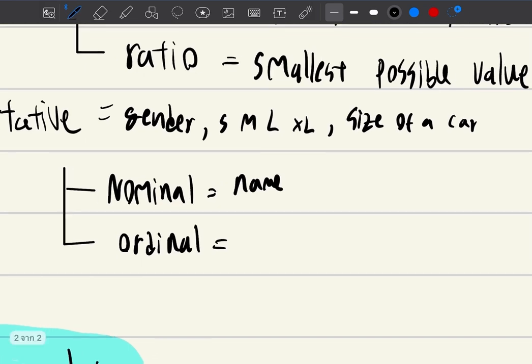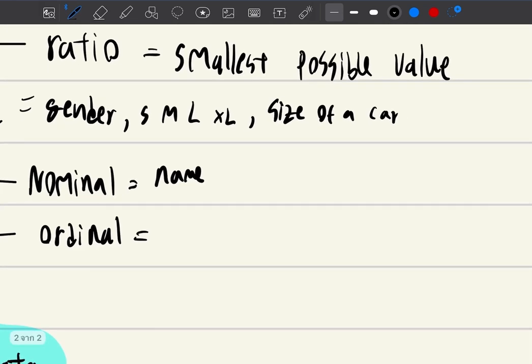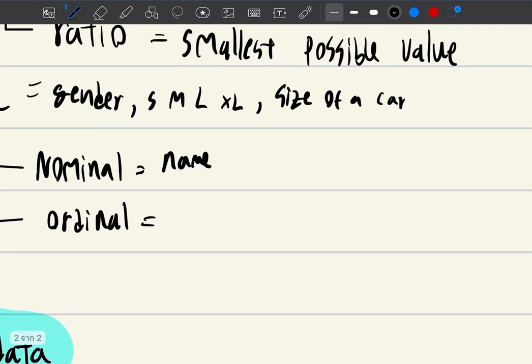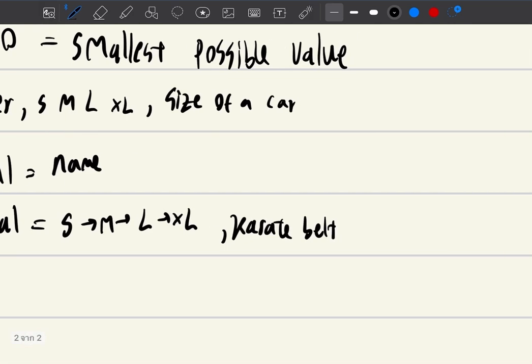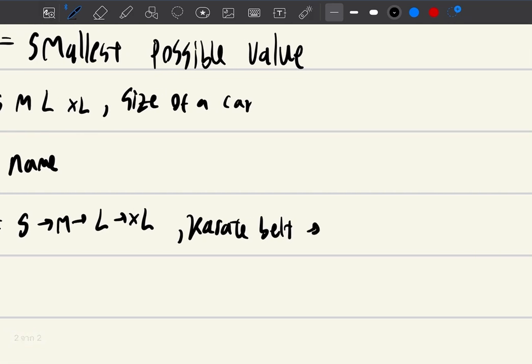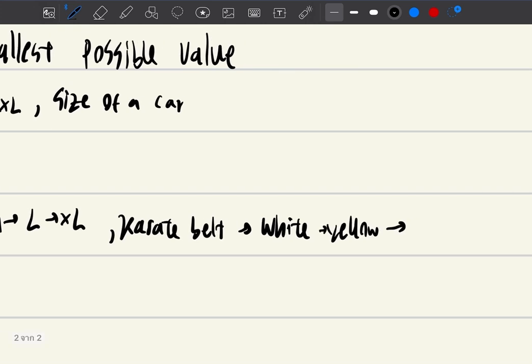But ordinal you must order, like size S to M to L to XL, or karate belt, from white, yellow, to the highest, which I think is black.